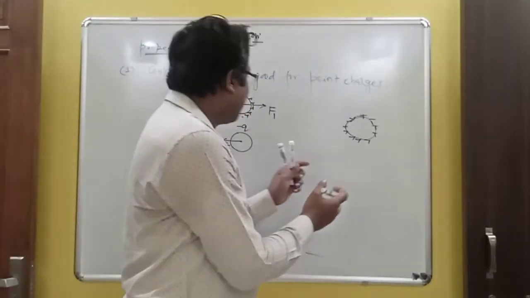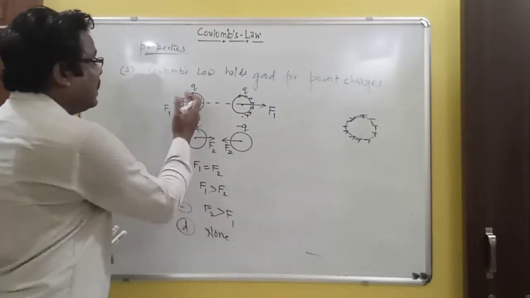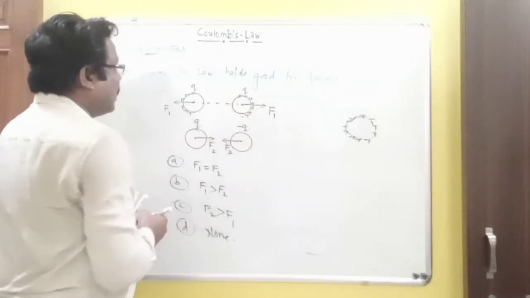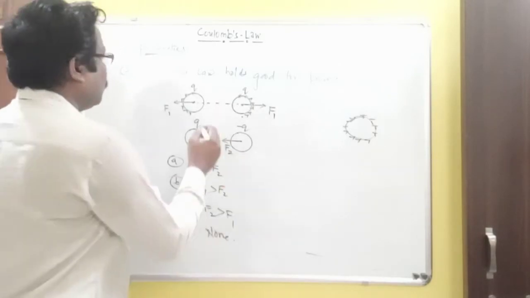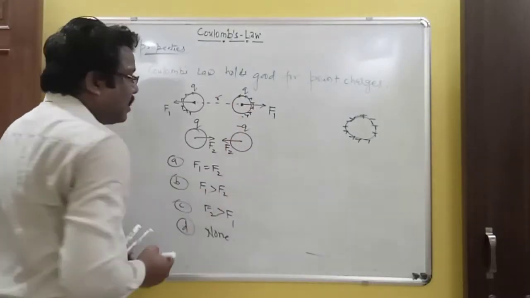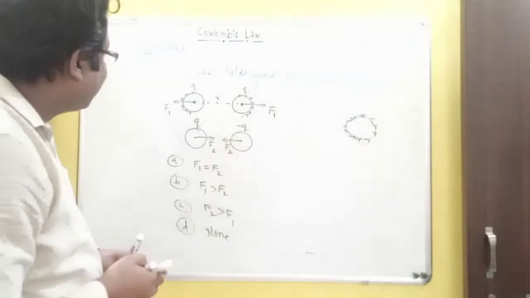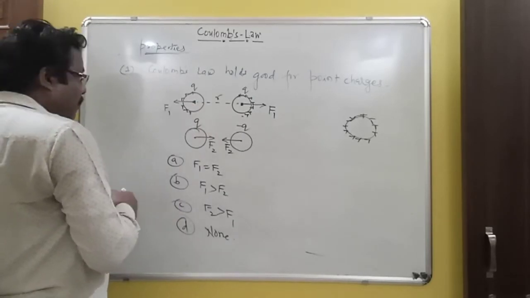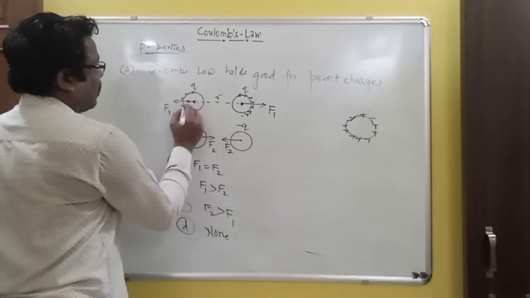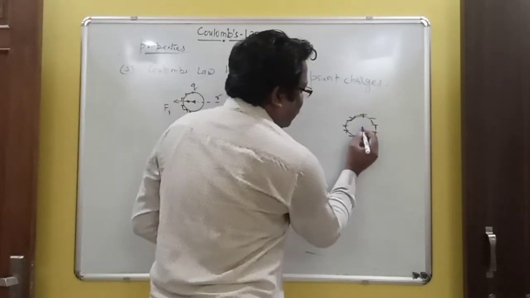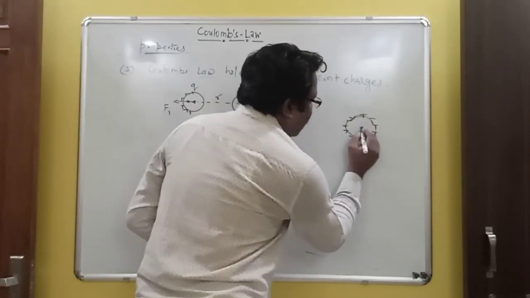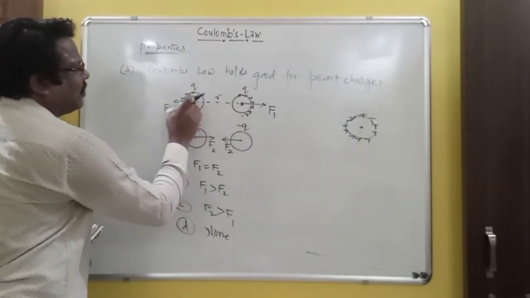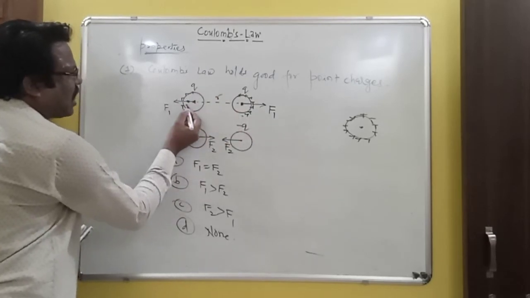But here, as there are like charges, these charges will repel one another, and due to the repulsion, the separation which should be R becomes greater than R. Why? Because when the charges repel, their centers will move away from one another. If you think of a single sphere, the center of the sphere and the center of charge coincide. But here, due to the repulsion of like charges, their center of charge would be different from the geometrical center.